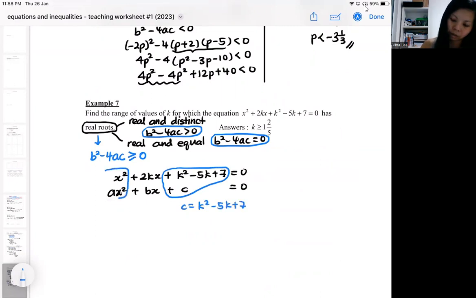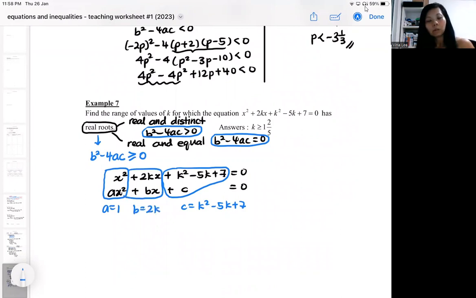So in this case, my ax squared, a is 1. You compare the x here, b is 2k. Remember the constant c doesn't have x. So the expression k squared minus 5k plus 7 is not x. So it's classified under the constant.